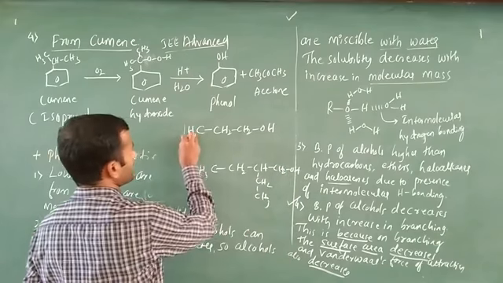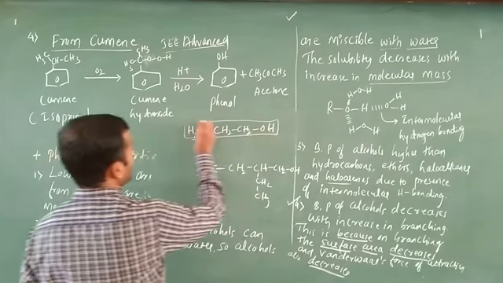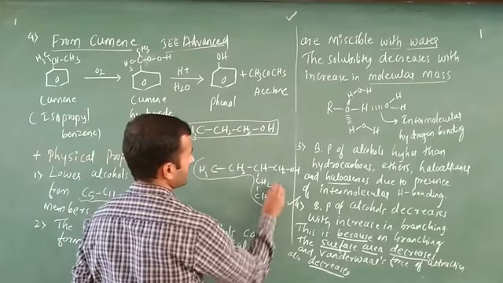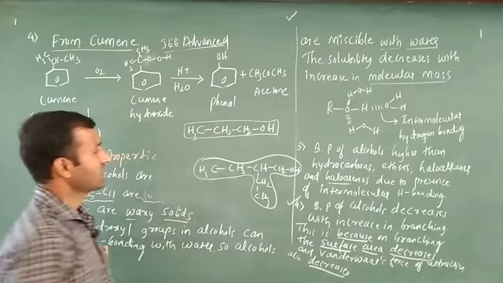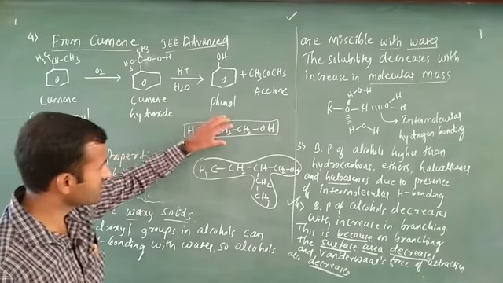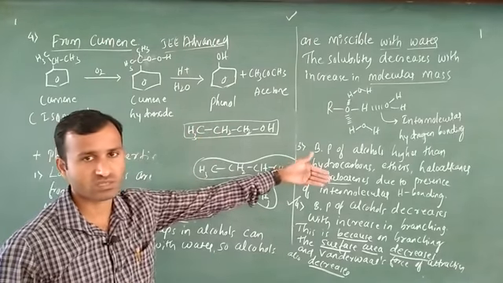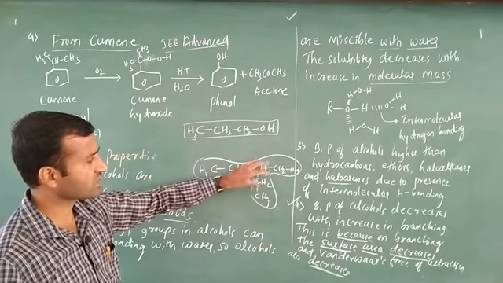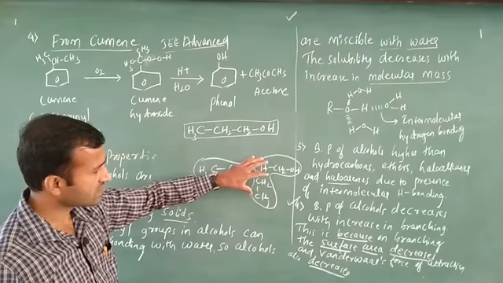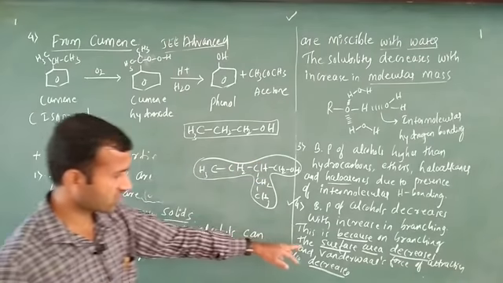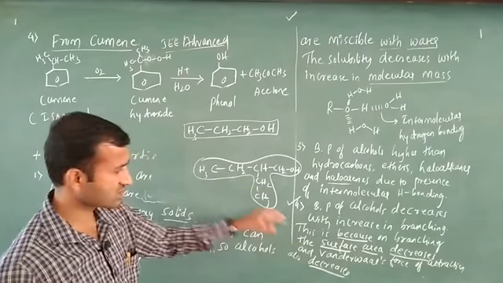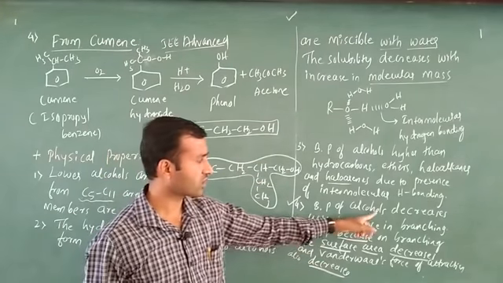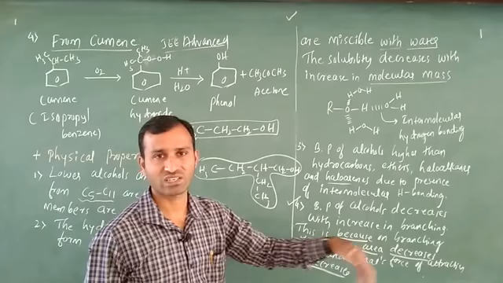This one is a straight chain, but this one is branched. When a straight chain is there, it can provide a larger surface area, so surface area is more, but this one has a lesser surface area. Where there is a lesser surface area, the van der Waals force of attraction also decreases, that is why the boiling point of alcohols decreases with increasing branching.